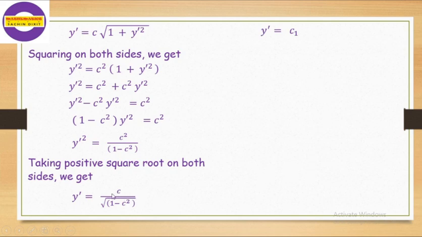Now in the numerator there is c and in the denominator there is also c. This total will be a constant. Hence we can take this as c1, so y' equals c1, where c1 is equal to c divided by the square root of 1 minus c^2.